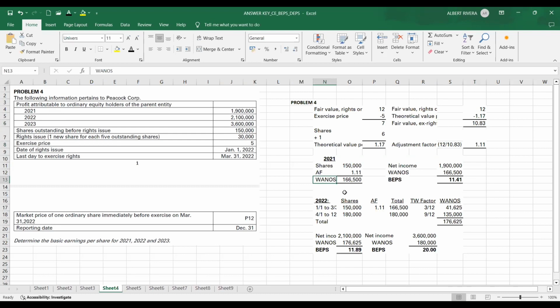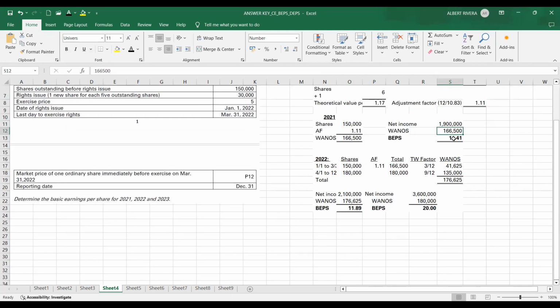So here, you have 150,000 shares, no? In 2021 times the adjustment factor of 1.1, that would now be your denominator. Your net income in 2021 is 1.9 million divided by 166,500. So this is 11.41. Okay?